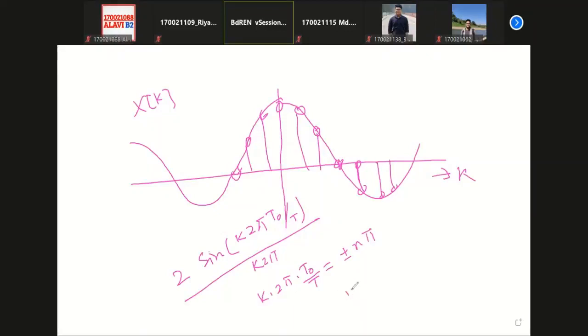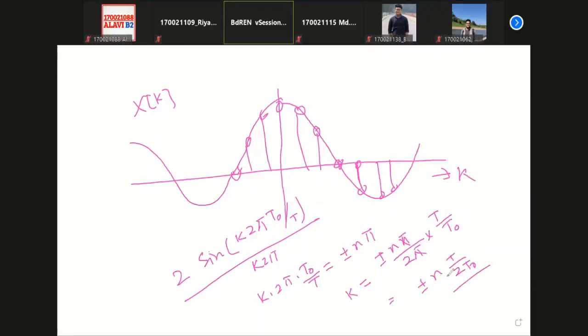Then k equals plus minus n pi divided by 2 pi into t0 divided by T. So your k equals n into T divided by 2 t0 or something like this. From this expression, these are the values of k.